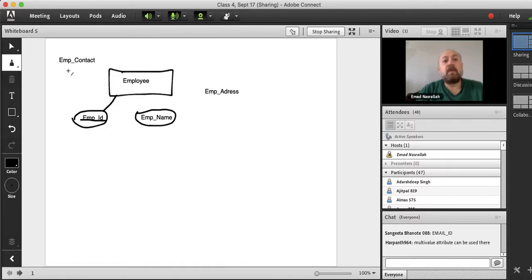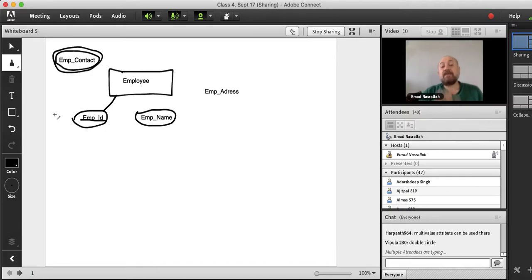So we will use multi-valued attribute. The multi-valued attribute, we will represent that by a double line for the attribute. So the attribute with a double circle is multi-valued.